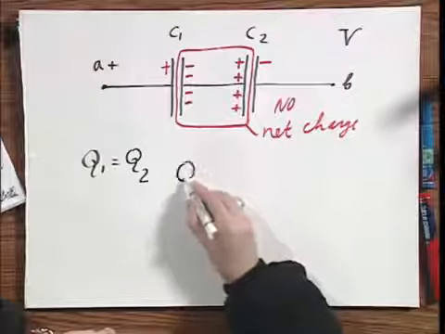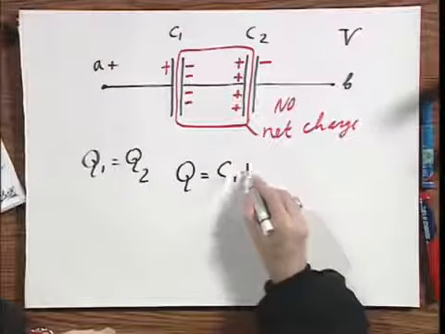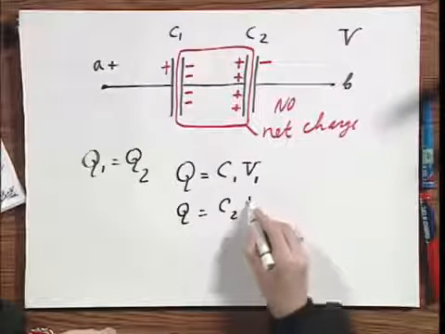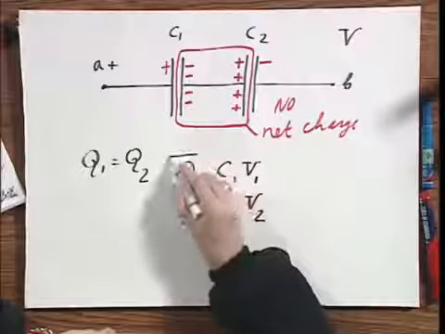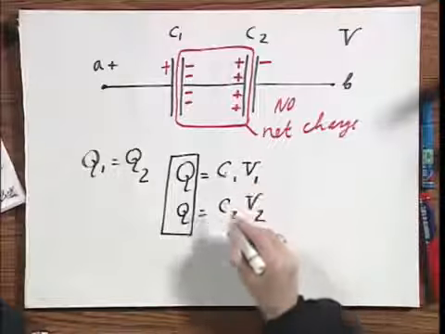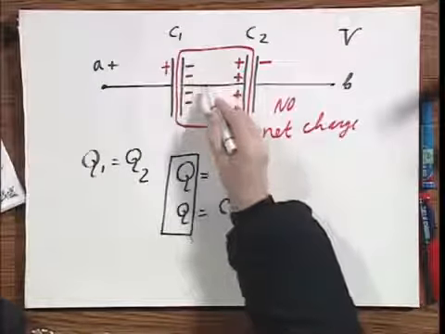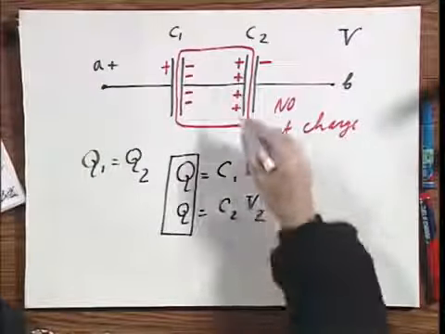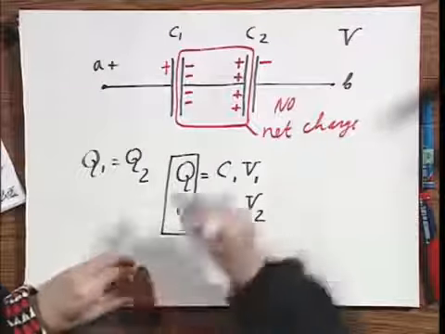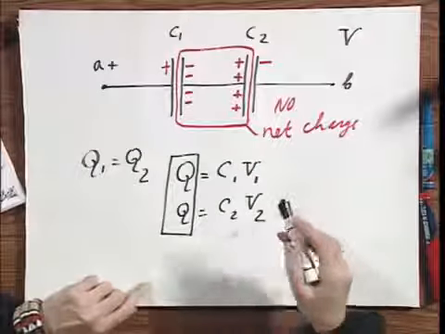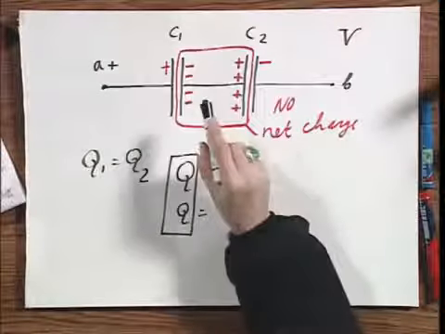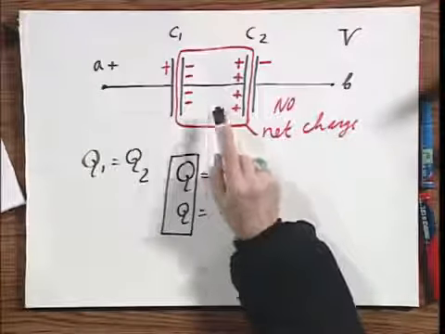So now we have Q equals C1 times V1, and we have Q equals C2 times V2, and now these two Q's are the same. And so now, as you can see, since C1 is not the same as C2, the potential difference over C1, which is V1, will be different from the potential difference over C2. So here, essential is that the Q is the same in each case, but not the potential difference.